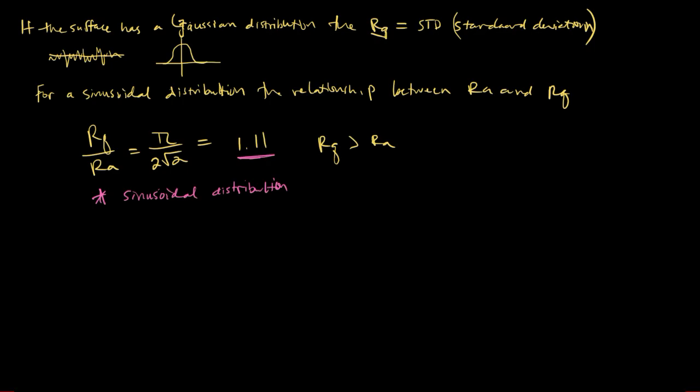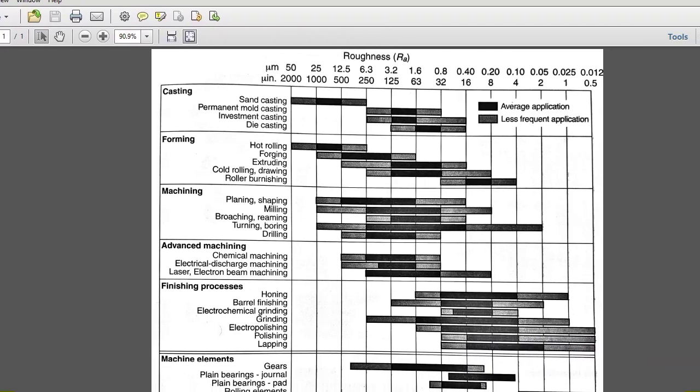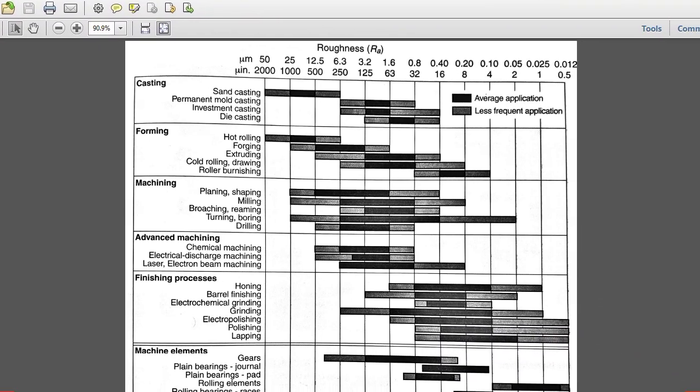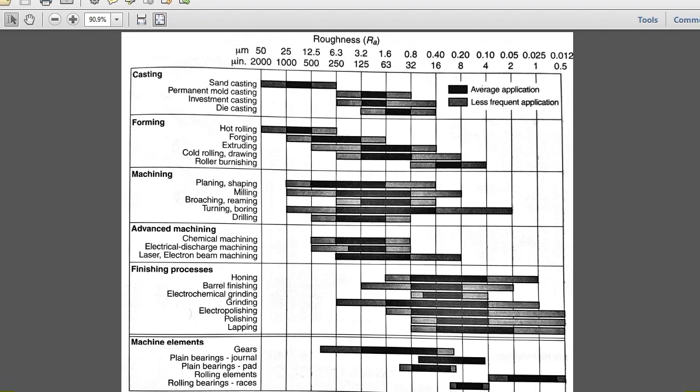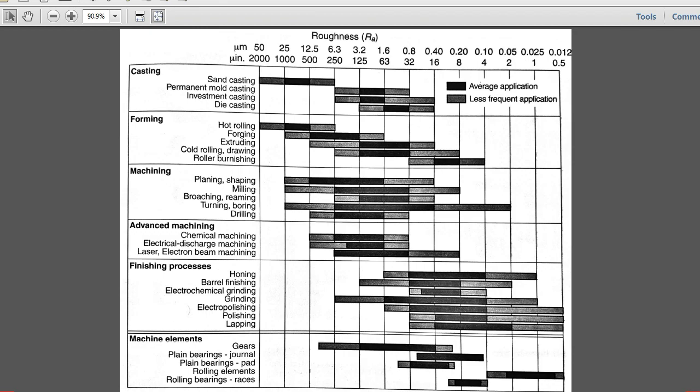So that's the basic way of looking at surfaces, and we can also take a look at what are some of the most common values for surface roughness for some common surfaces. Okay, and so we can take a look here, and this shows us that based upon the different manufacturing processes, we can get different values of RA.